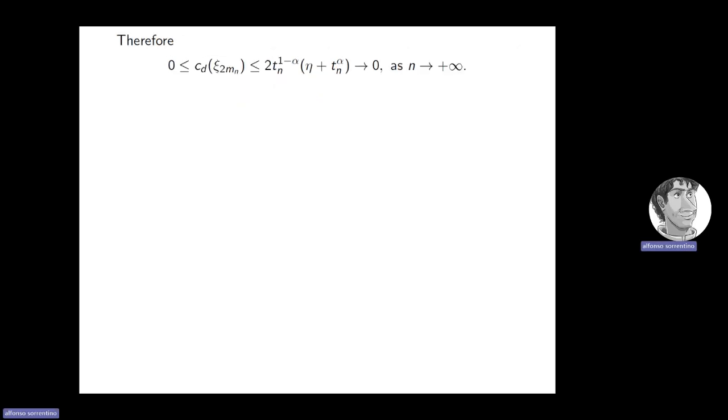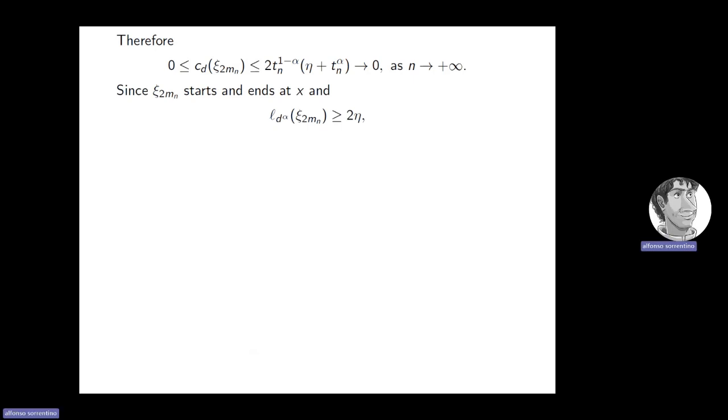On this inequality, because the cost is always non-negative in that case, the distance is non-negative. And it has to go to 0 when n goes to infinity. So the chain starts at x and ends at x.